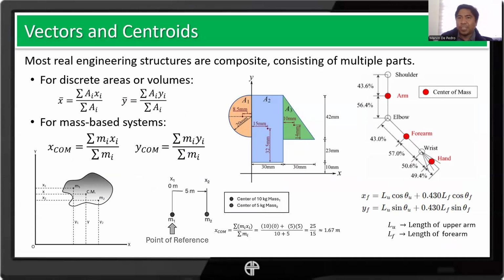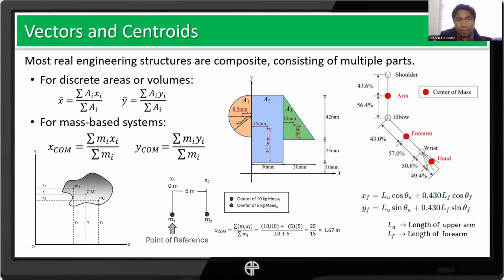Most of the objects we see are a combination of different shapes, or sometimes they have an irregular shape that cannot be described plainly, like what you see here. This is an irregularly shaped object. So with that, we cannot derive the exact location of our centroids. But what we can do is make assumptions only, or approximations.